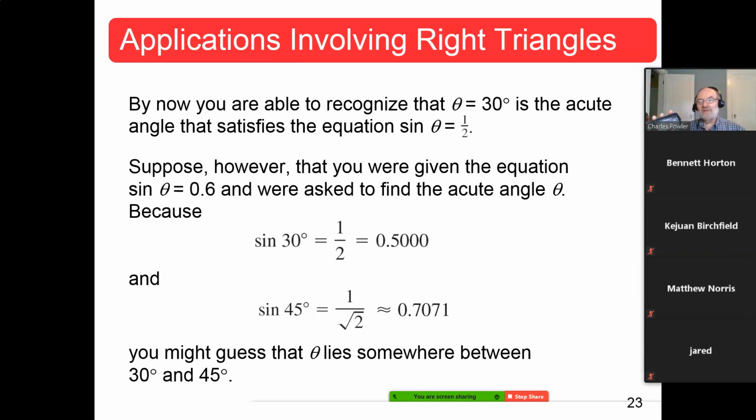And that's between 30 and 45 degrees. Okay? So that was a pretty good estimation, something between 30 and 45. 37 almost splits the difference. But sine is not linear, so you can't depend on that.